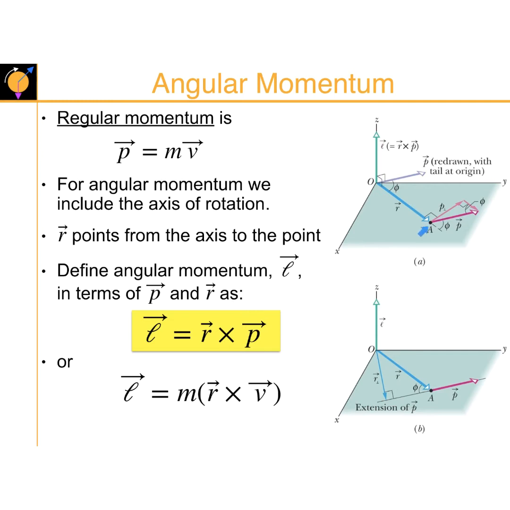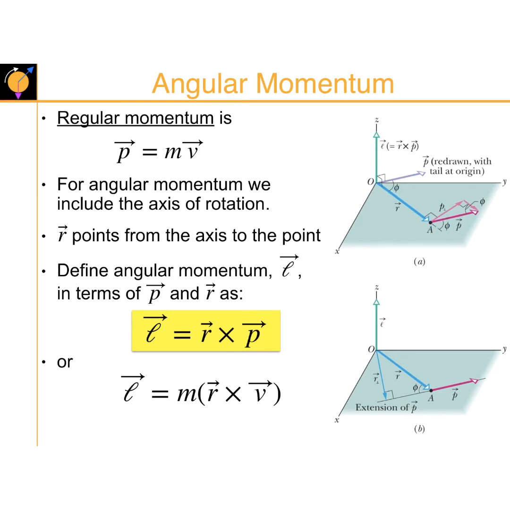So if I have an object here at point A and it has a certain momentum in that direction, I want its angular momentum, basically its momentum around, let's say it's rotating around the z-axis. So what I need is the distance of the object from the z-axis and its momentum. So r is the distance of the object from the point around which we're calculating the angular momentum, and p is of course the momentum.